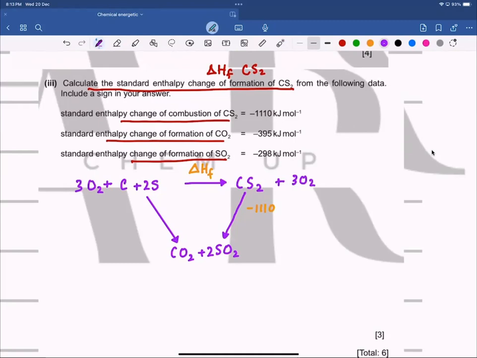So would it not affect the enthalpy change of combustion of CS2? Sorry, can you repeat? Like adding 3 moles of oxygen, would it affect the enthalpy change of combustion of CS2, or would it remain the same? It remains the same.